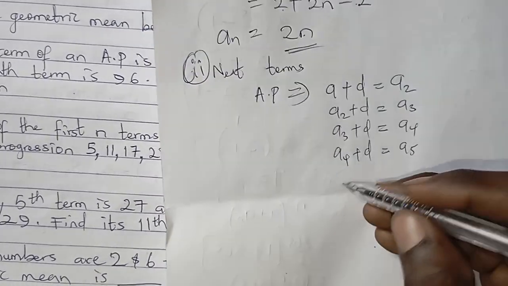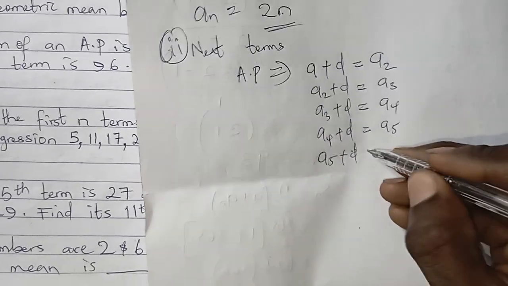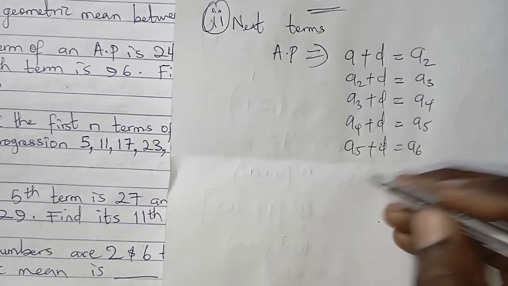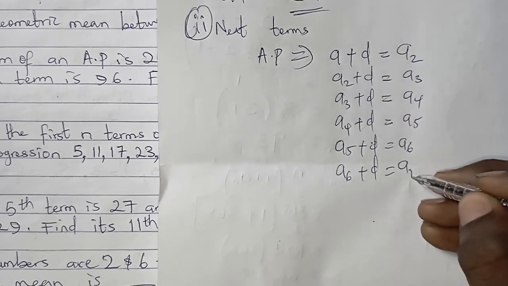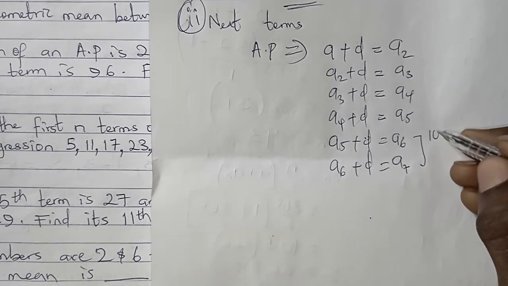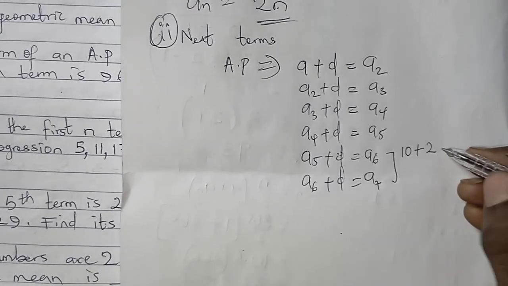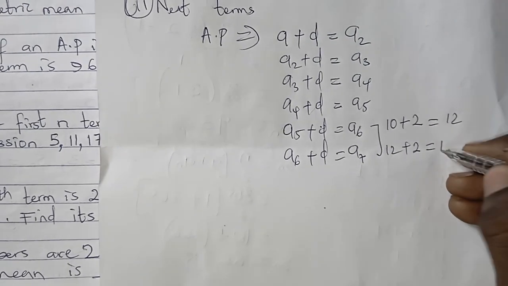And we have A5 already. A5 plus D gives you A6, which is the next term. Then A6 plus D gives you A7. So what we need is A6 and A7. So simply do 10 plus 2, which is 12. 12 plus 2, which is 14.